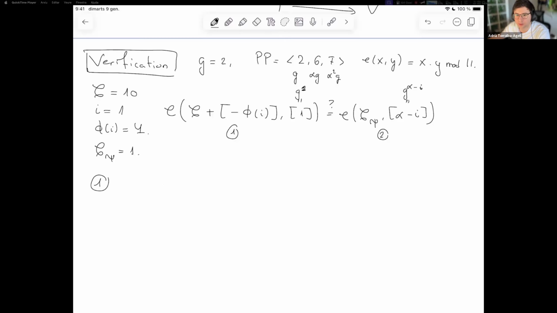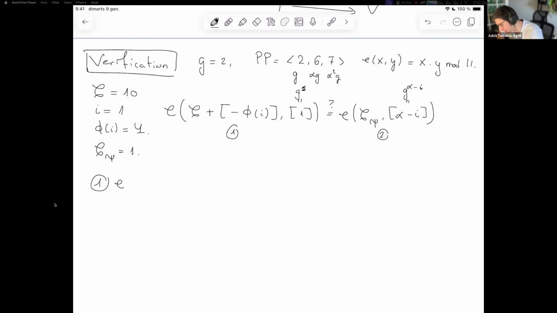Who was the verifier? Yeah, so for the left-hand side, in place of C we'll write 10 and minus phi of I, we'll write it as 4. Okay, no, wait.